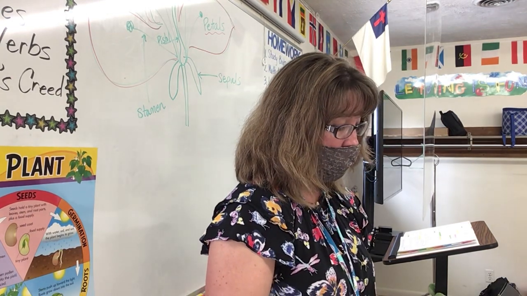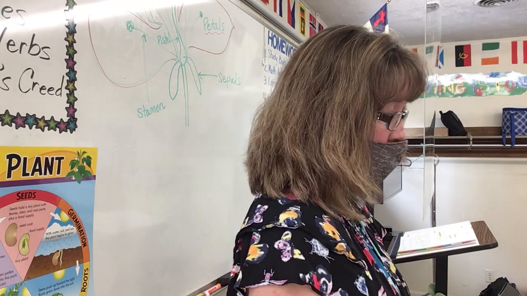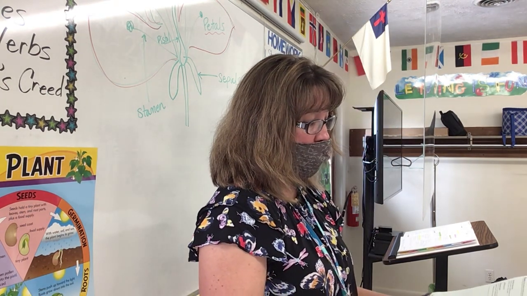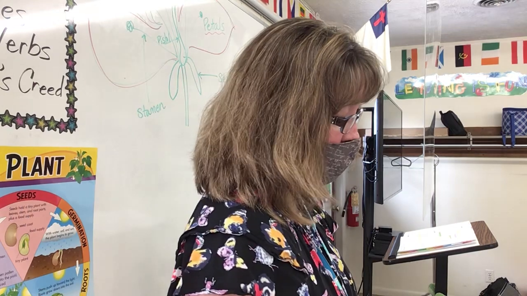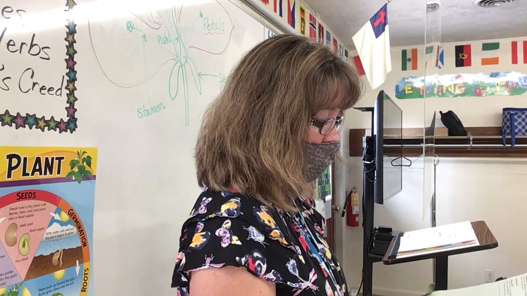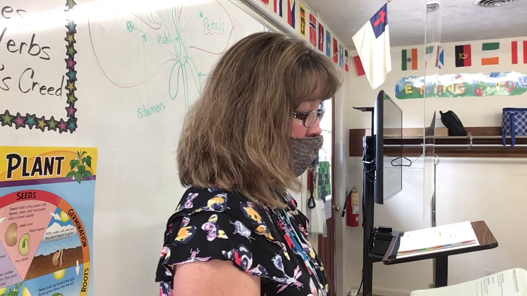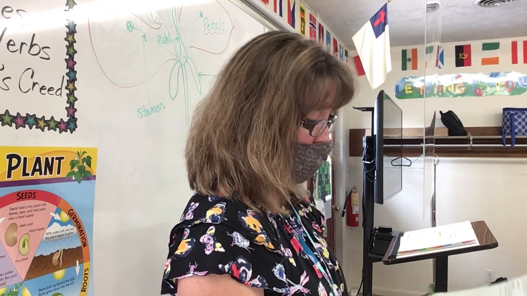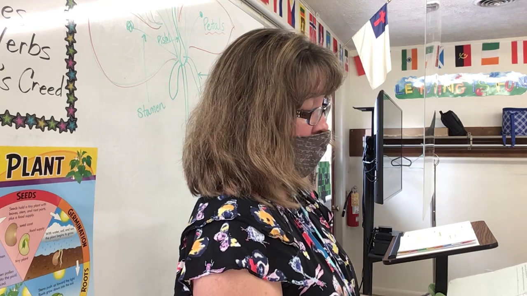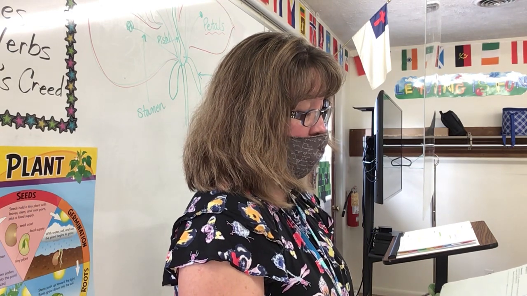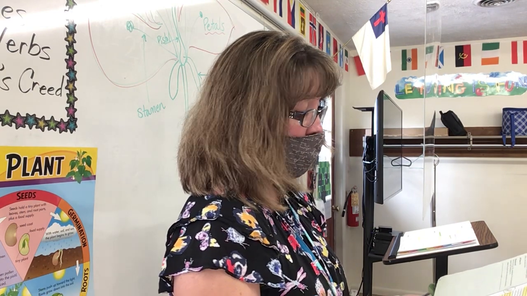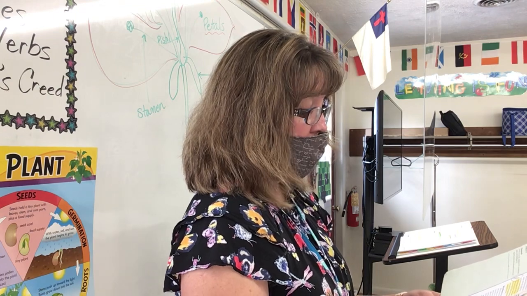Let's keep reading. Many flowers in one. Did you know that when you pick a daisy, you are really picking more than one flower? The part of the daisy that we usually call the flower is made up of hundreds of tiny flowers. The white parts that we often call petals are not true petals at all.